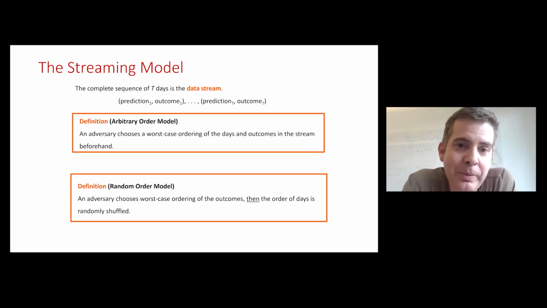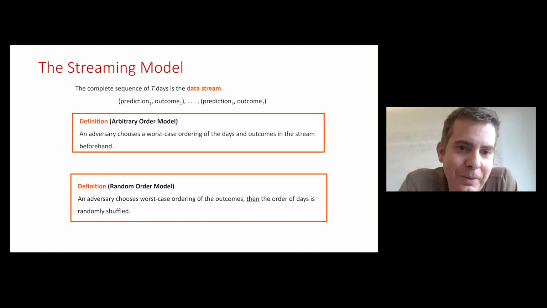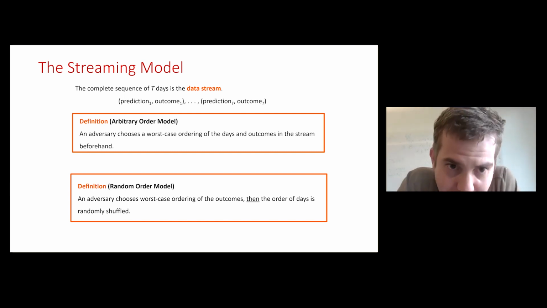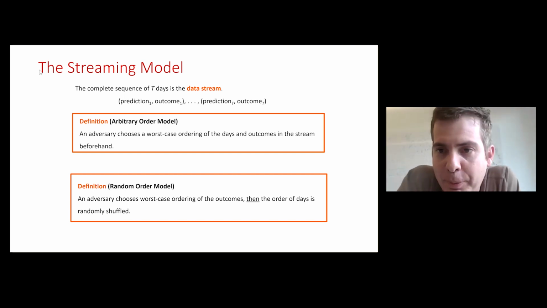So here is just the streaming model and different versions of it. So this sequence of t days. Oh, I see a question. Are we keeping the order of the experts fixed?